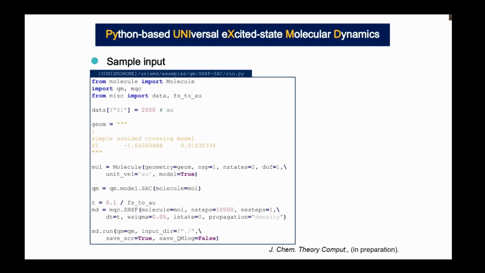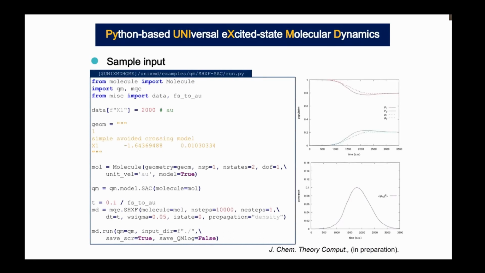Then we construct the molecule class, and then we have an interface with other quantum chemistry programs. Here we use the homemade model calculation, and then we define our mixed quantum classical method. In this case we use the CTMQC method. Then we define the various parameters. Then we just run the dynamics. That's it. This is the simple input file for our PyUNIxMD program.